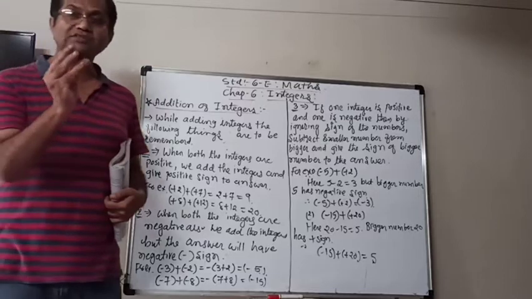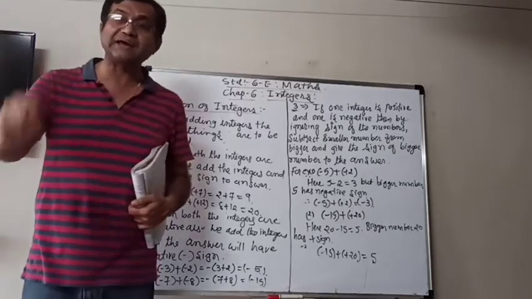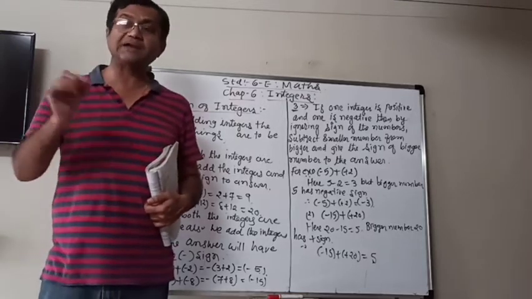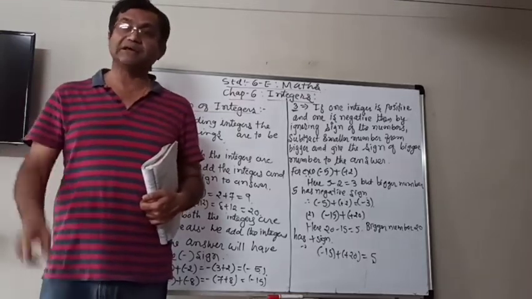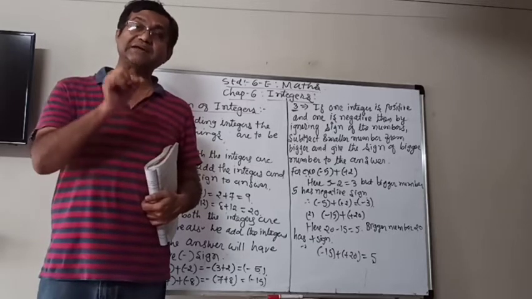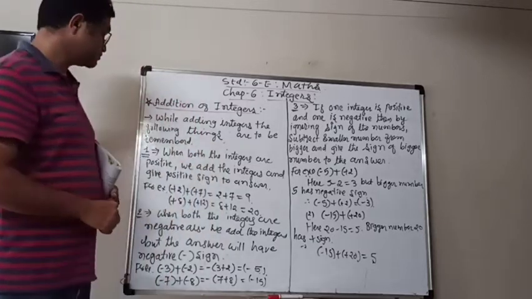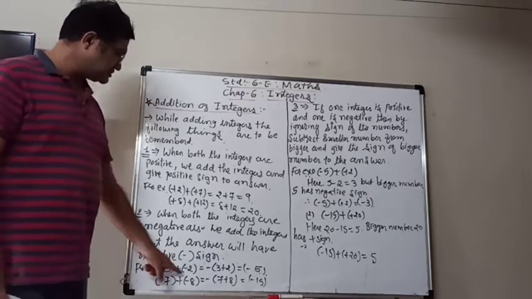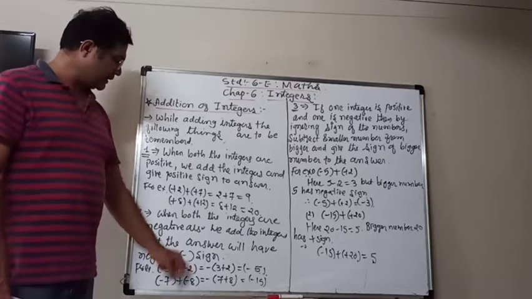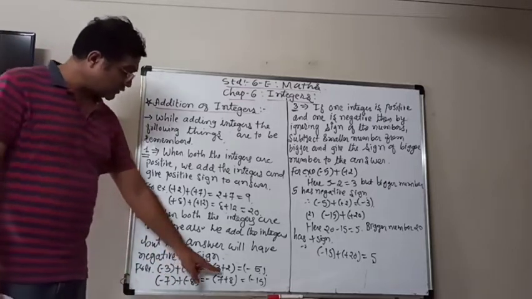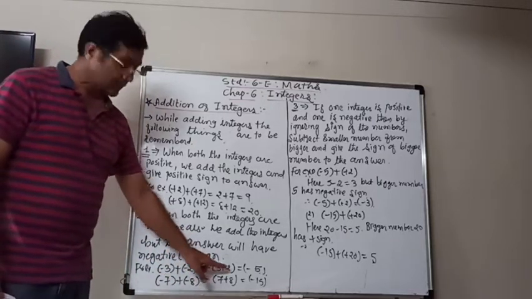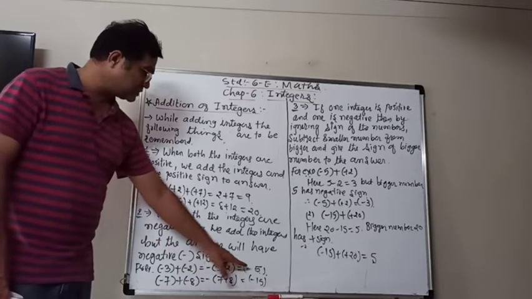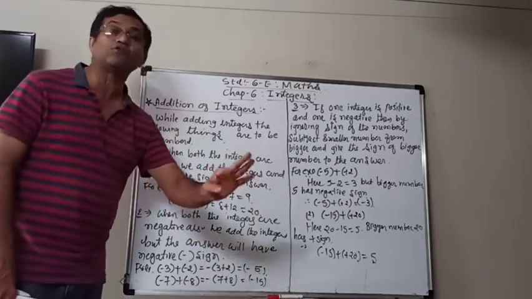For example, minus 3 plus minus 2, negative 3 plus negative 2. We have to add them, 3 plus 2, but with negative sign. So the answer is negative 5.